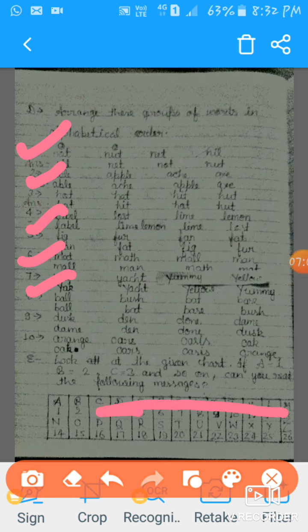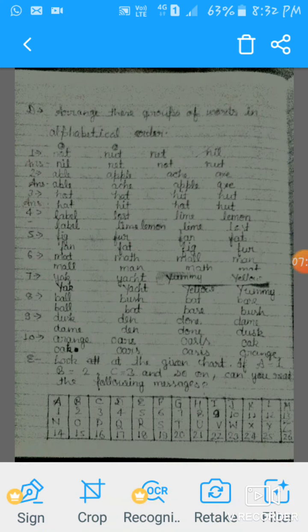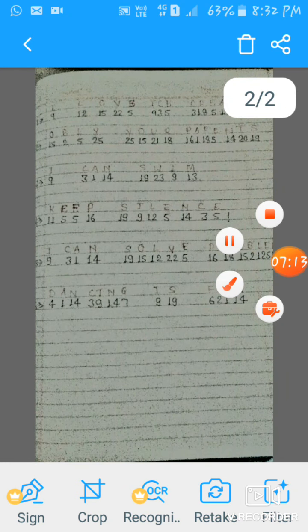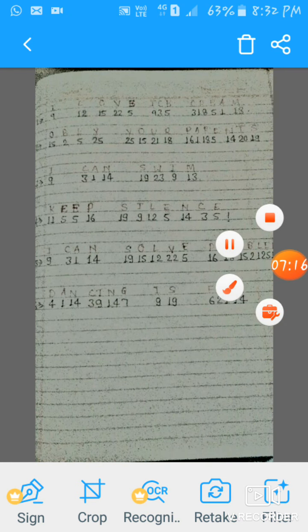Now come to the next page. First is 9, 12, 15, 22, 5, 9, 3, 5, 3, 18, 5, 1, 13. Okay.